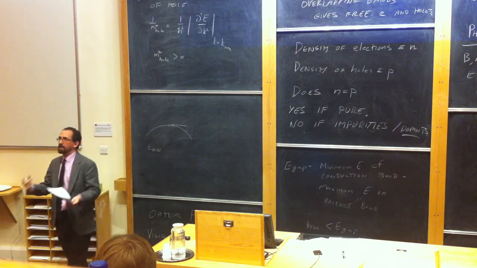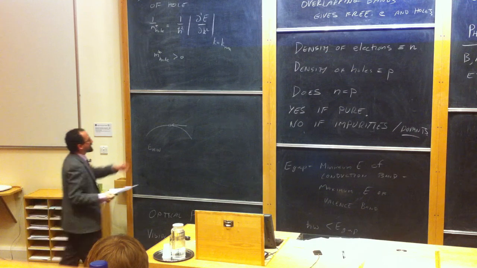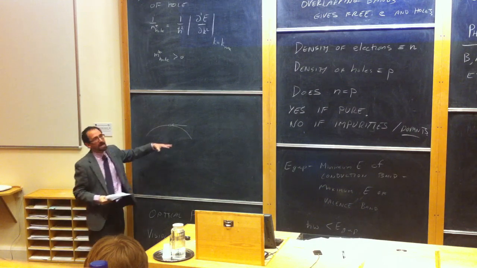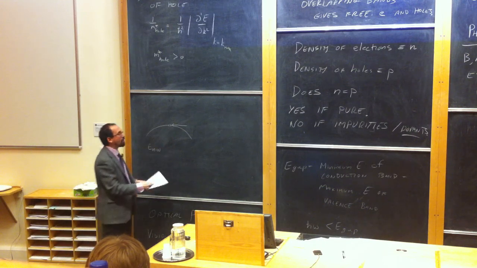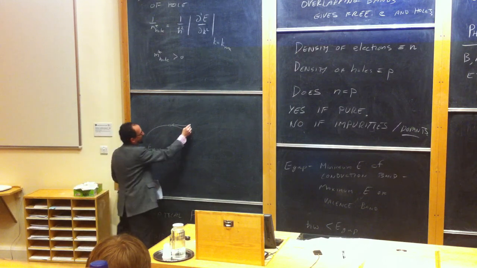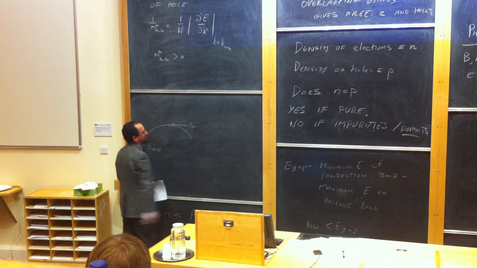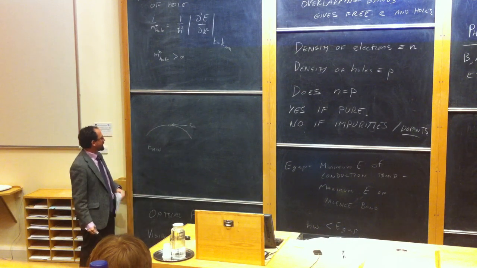This is like the air bubble bubbling up to the top of a glass of water. The electrons want to sink down to the bottom of the band, so the hole comes up to the top of the band. So E min is the hole sitting at the top of the band at energy E min, like this. Okay?